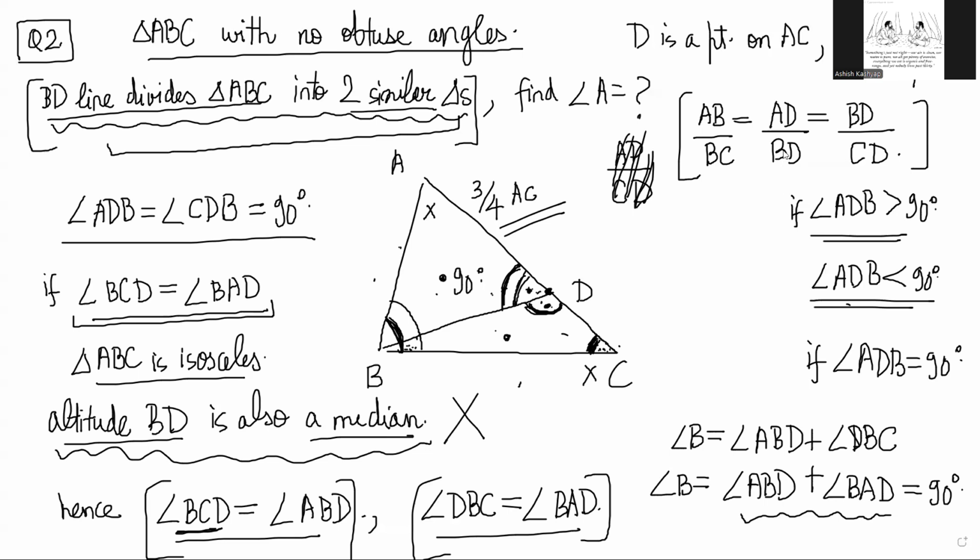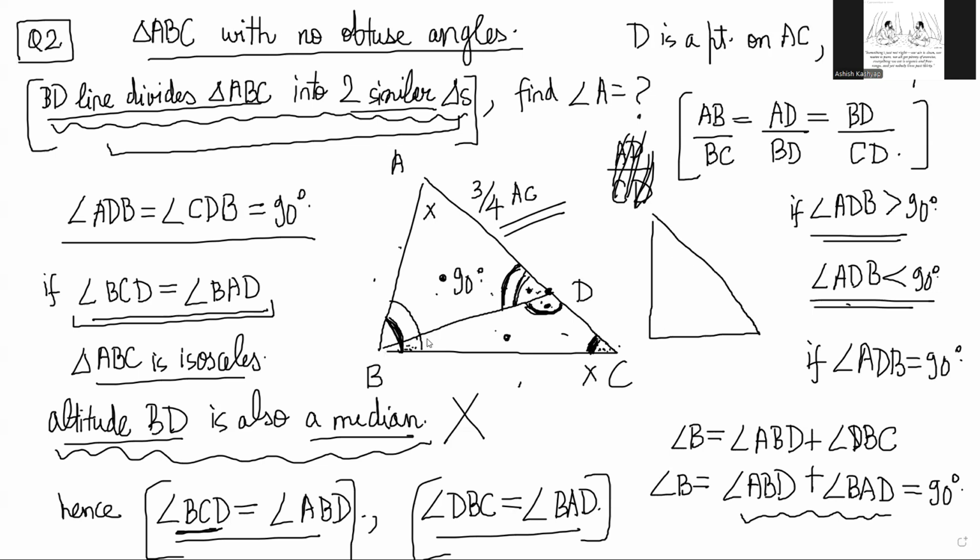AD by BD. Angle B is 90. So basically what we have is a right angle triangle, right?